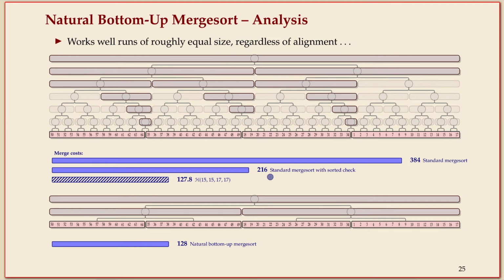So instead of paying this 216, you pay 128, which is very close to this H quantity, which was our kind of idealized goal. If we could always perfectly save as much as merge sort would have had to spend to create that run, that's intuitively best possible.